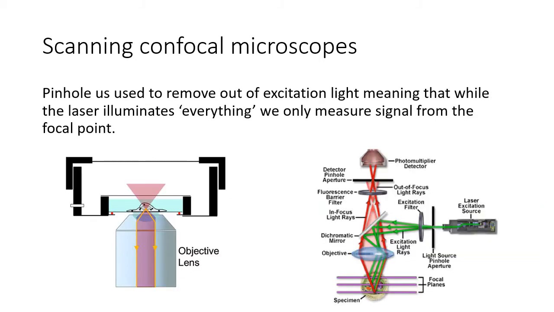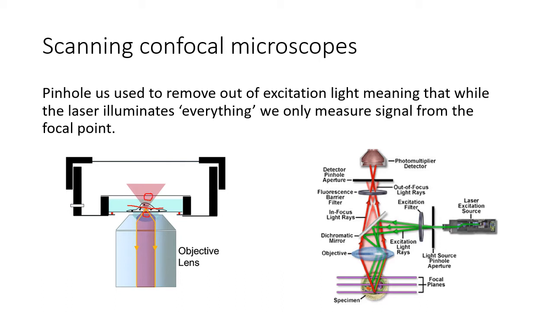The confocal microscope is used to excite a very narrow plane within the sample, and of course, because the light goes through the sample, we will also excite some stuff below and above the focal plane.